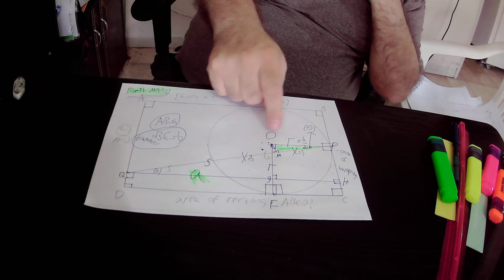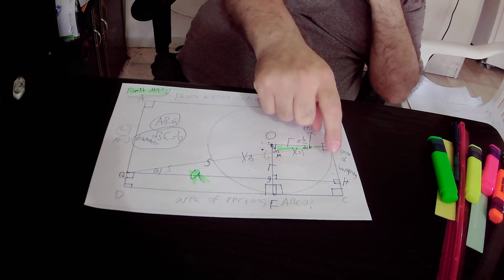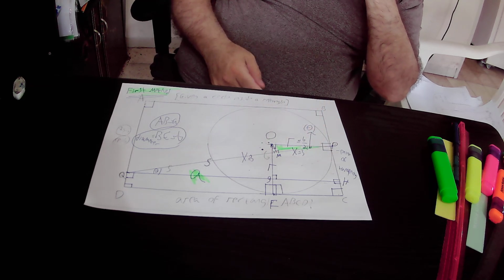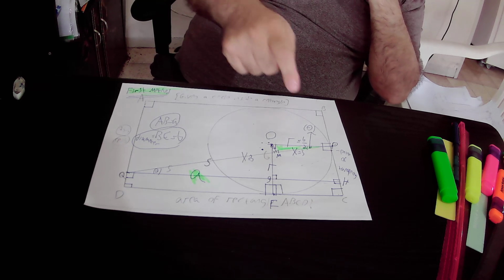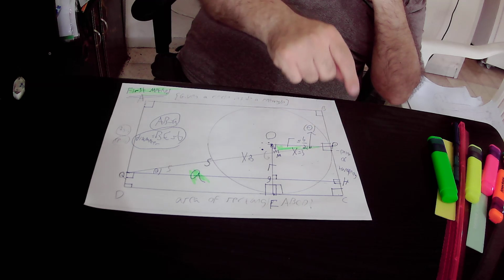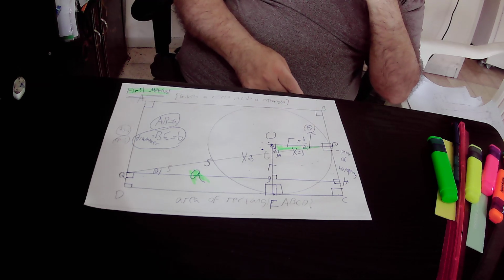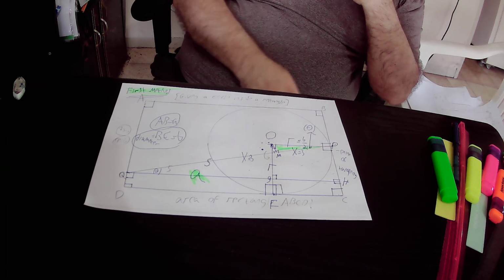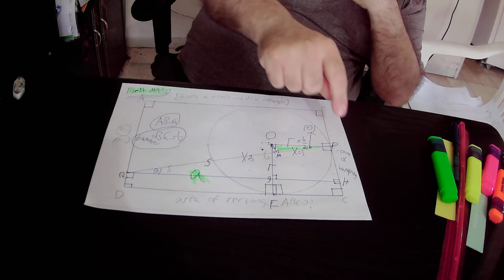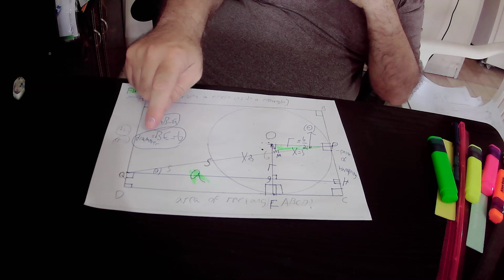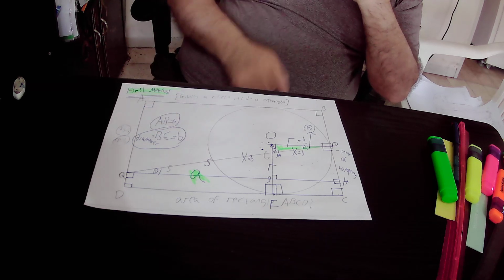So OPGH is a rectangle, and we know that the opposite sides of a rectangle are parallel to each other, therefore OP is parallel to GH. But if OP is parallel to GH, OP must also be parallel to QH, because GH is part of QH.